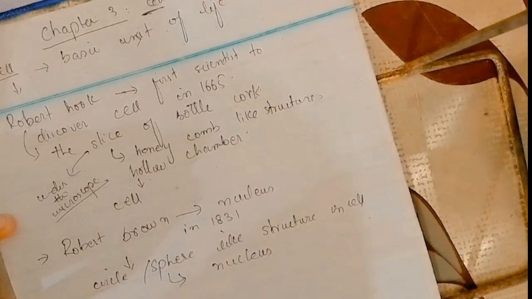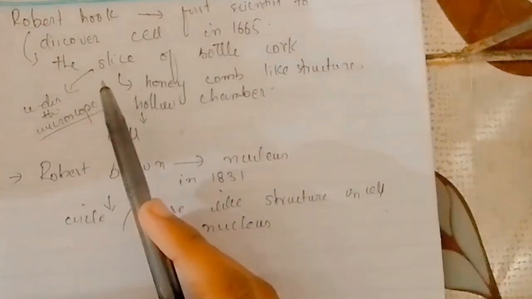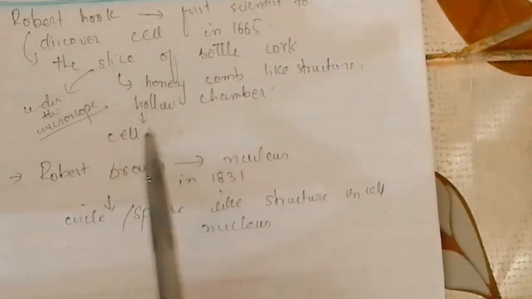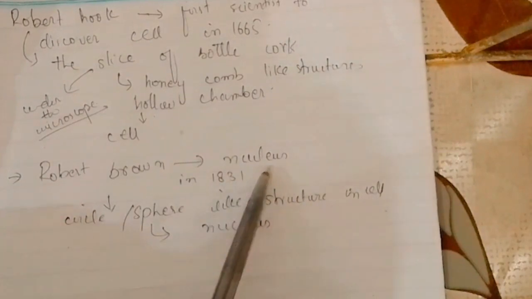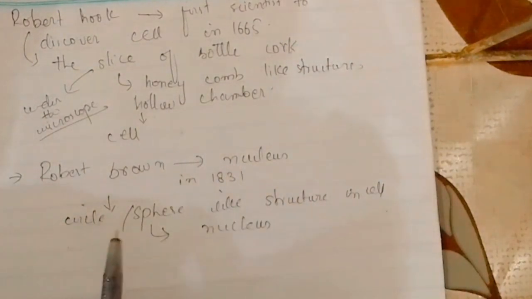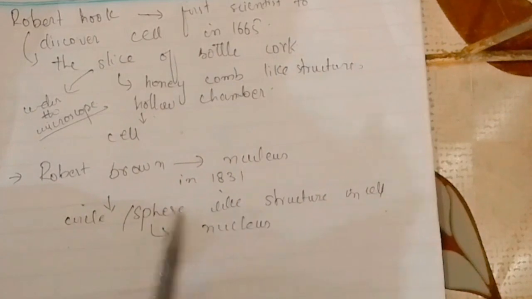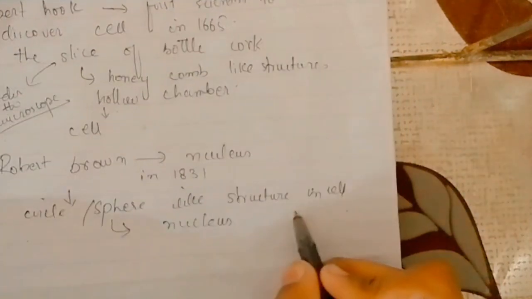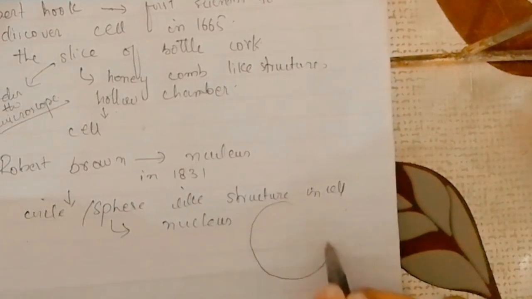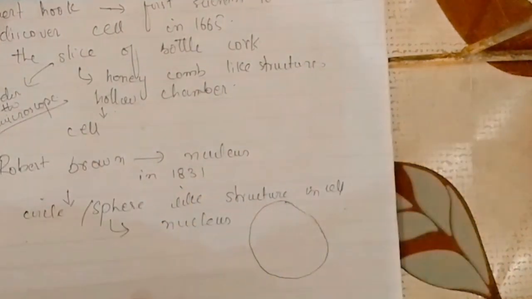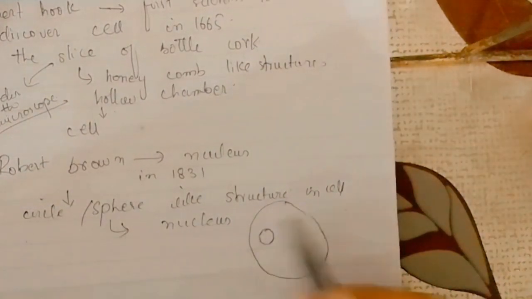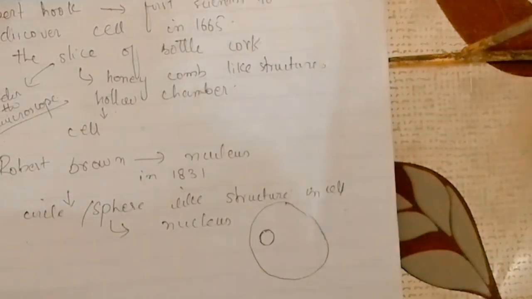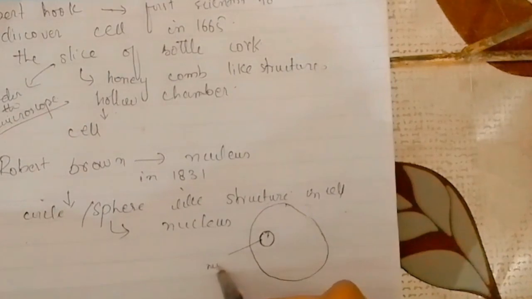After Robert Hooke, no one had investigated the cell. Under the microscope, Robert Brown saw a sphere-shaped structure visible in the cell, and he named that visible structure the nucleus. So Robert Hooke examined the cell, then Robert Brown examined a sphere-like structure in the cell that he named a nucleus.